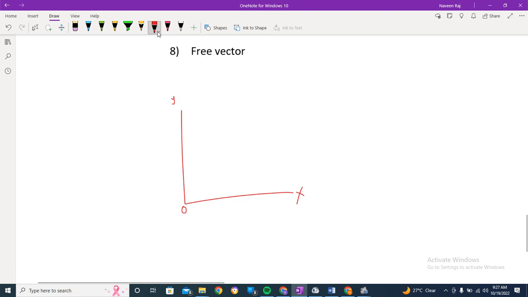and now if I consider some vectors from here, this is a vector, and over here I make this parallel path.